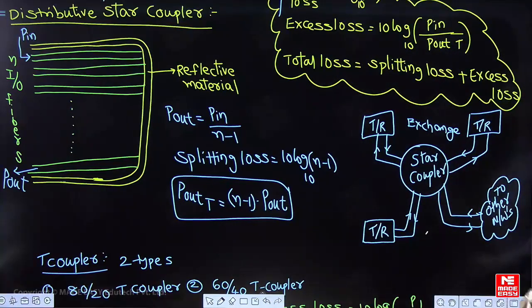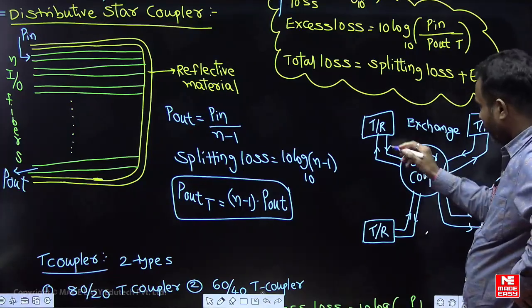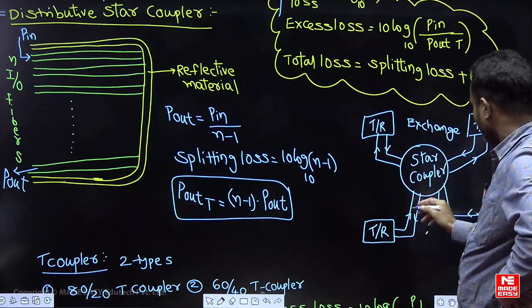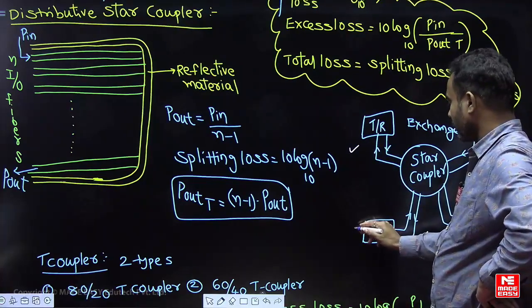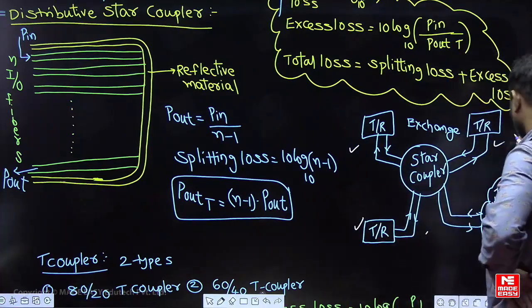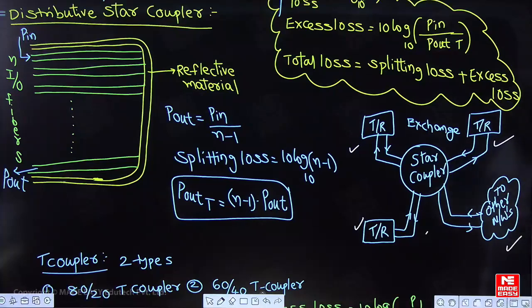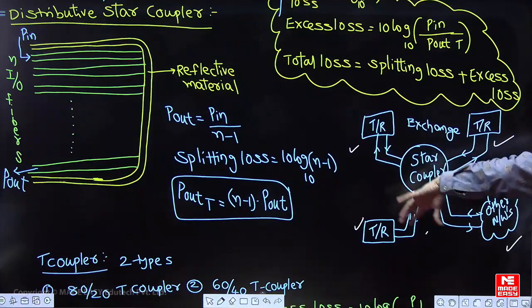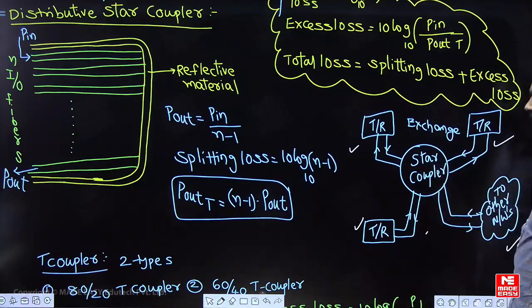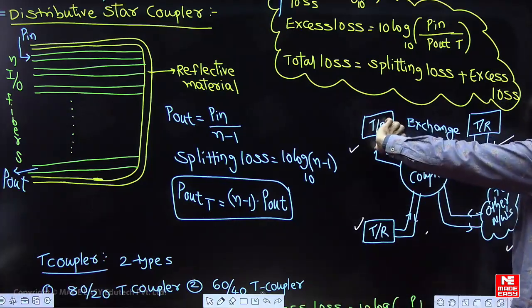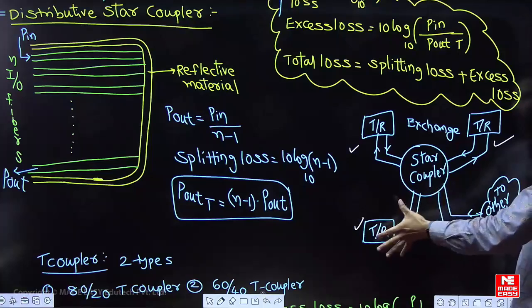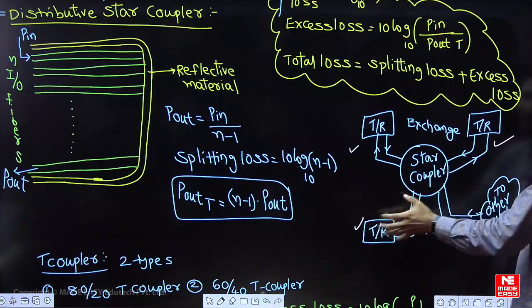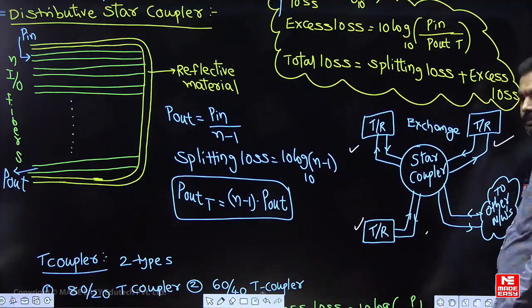Whenever you are talking about this star coupler, it will have multiple ports. Here you are connecting one input, here another output, here another output, connecting to other networks. This is how they are connecting the networking. From here the power is coming, and this power is distributed to all the remaining ports.